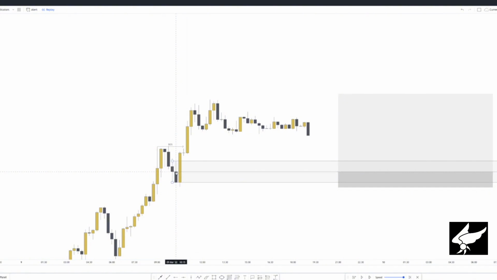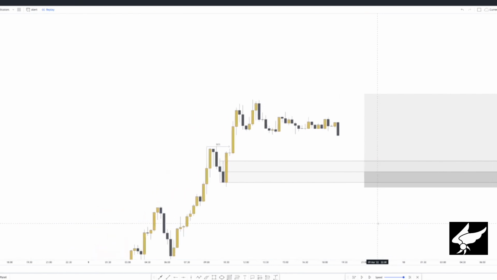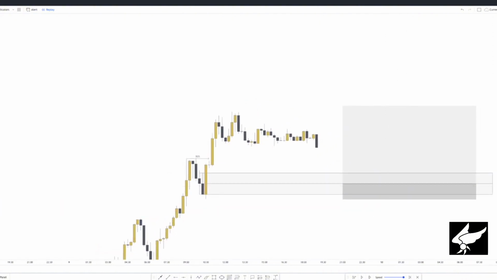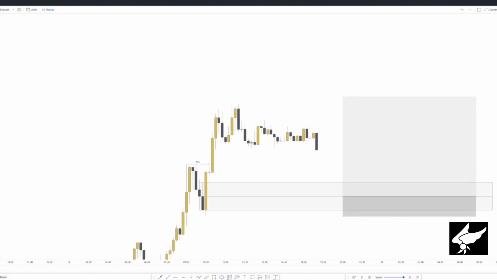Oftentimes it will. This is still a very high probability way to trade, but sometimes it'll just barrel right through and change trend direction. So like I said, within our Discord community and within our video course and the ebook as well, which you just saw a glimpse of, we do teach a much more refined way to entry, but this is still a very valid way to trade, and I'm happy to share it with you guys here on YouTube.